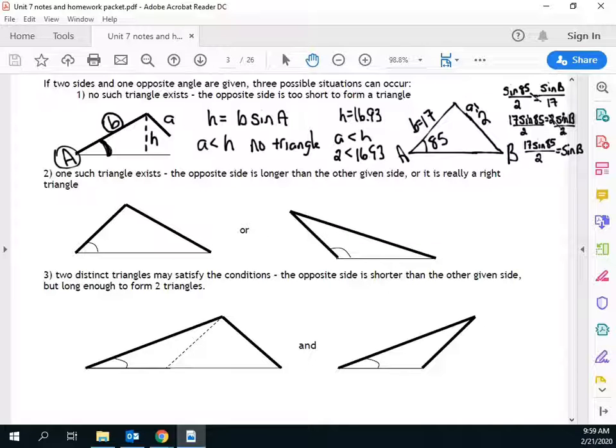It falls short, just like the diagram shows on the very left side. Now, we used what this teacher was saying: before writing all that stuff out, just do B times sine of A and compare that to side A. And it proves that he's right.